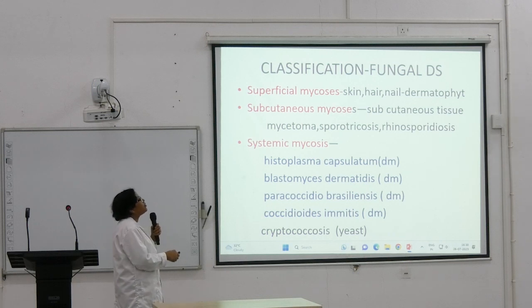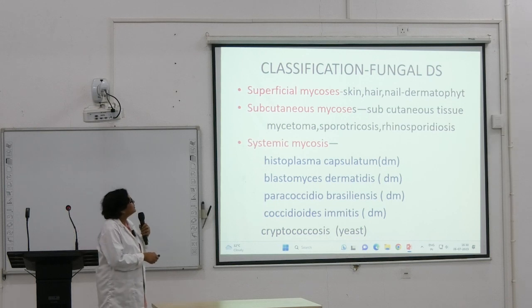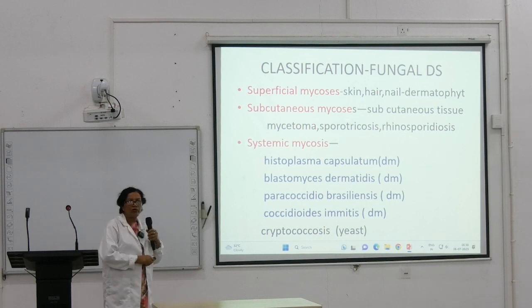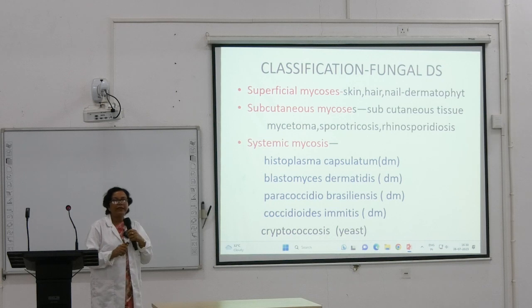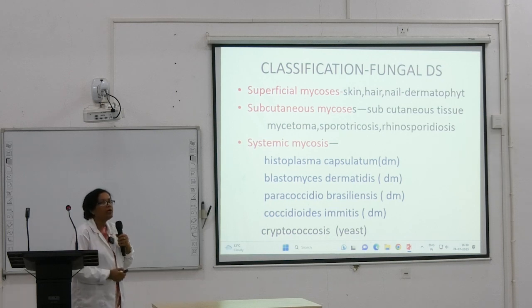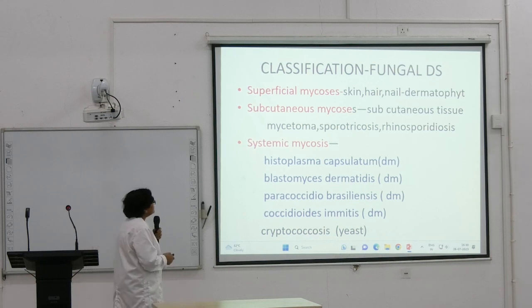Next, subcutaneous mycosis, infection which is going a bit deep, not only skin, a bit deep, that is subcutaneous tissue. And what are the diseases? Mycetoma, sporotrichosis, rhinosporidiosis. Very tough to utter, but you have to keep it in memory for exam purpose and for your practice purpose also.